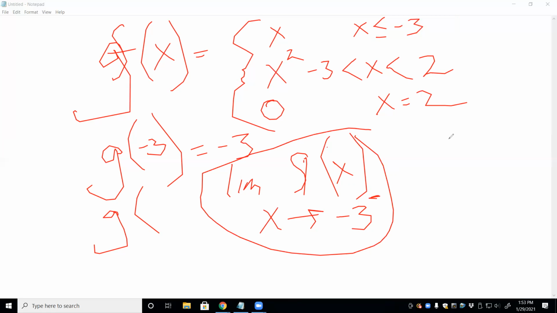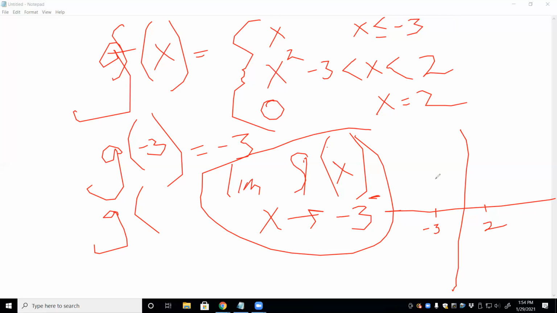Well, the easiest thing to do here, I don't know that we necessarily have to graph it, but let's do it. So if I go to -3, let's put my key points on here. Whenever x is less than or equal to -3, then it's equal to x, which has a slope of 1.